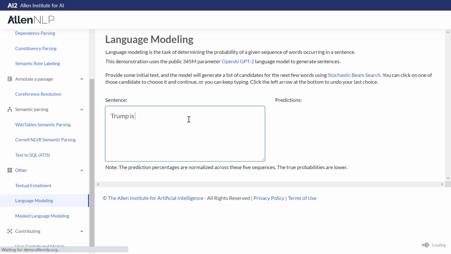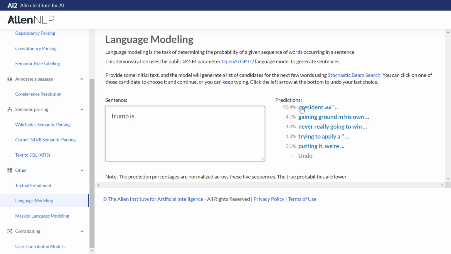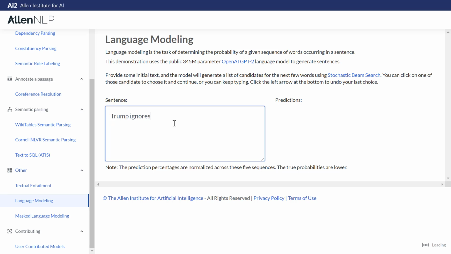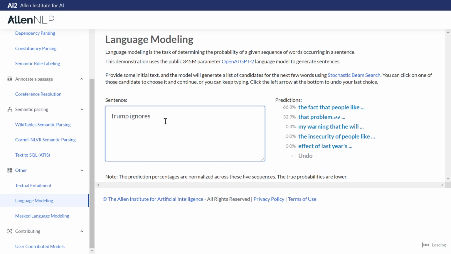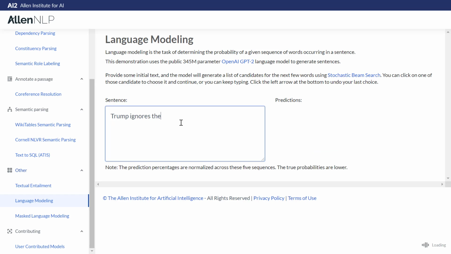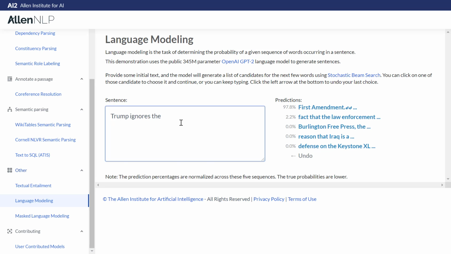Trump is... The model is guessing that Trump is president, gaining ground in his own, never really going to win, etc. Or if we change is with ignores, it tries to predict the next words after the sequence, like Trump ignores the fact that something, ignores the call, etc. Trump ignores the First Amendment, and so on. So it's a generative situation.